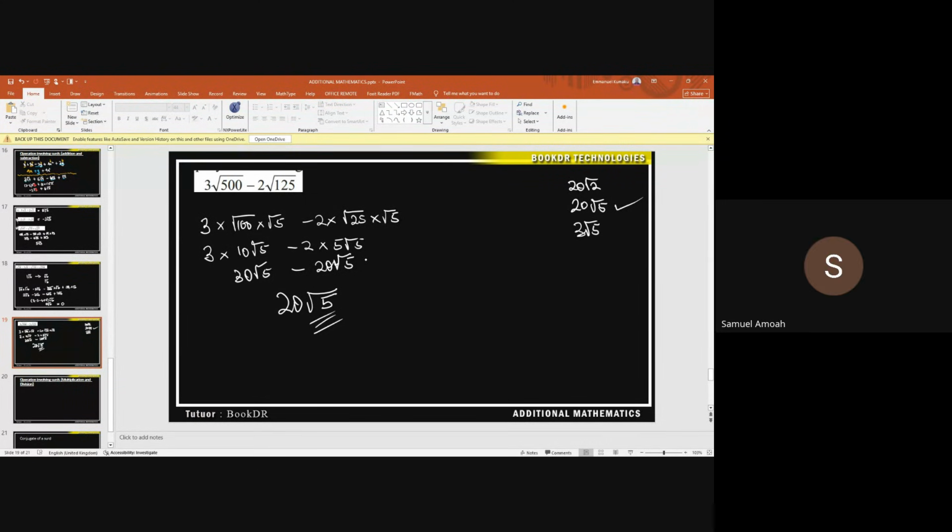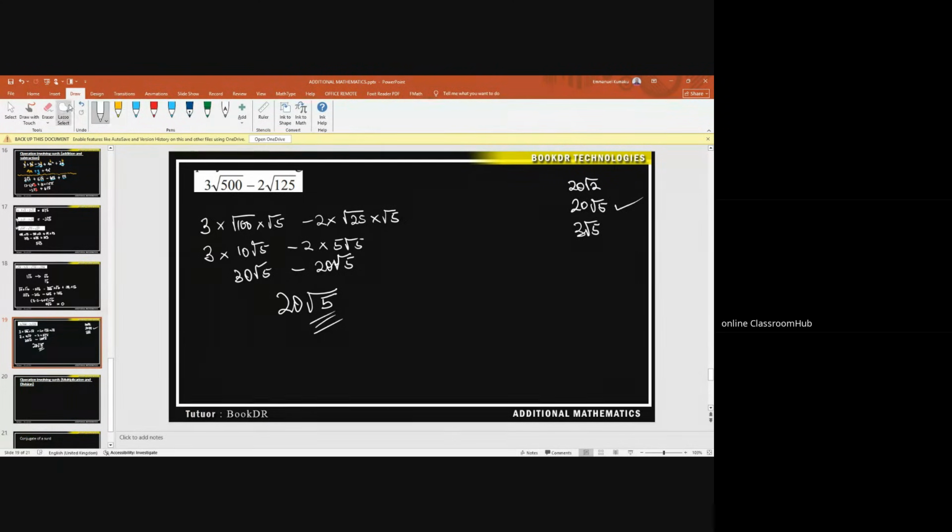Nana Yeboah: Sir, please, a mistake. It's supposed to be 10 root 5. 2 times 5 is 10. Yes, thank you very much. Good. The answer 20 root 5 was in my mind. It means you are following. Thank you very much. That is great.